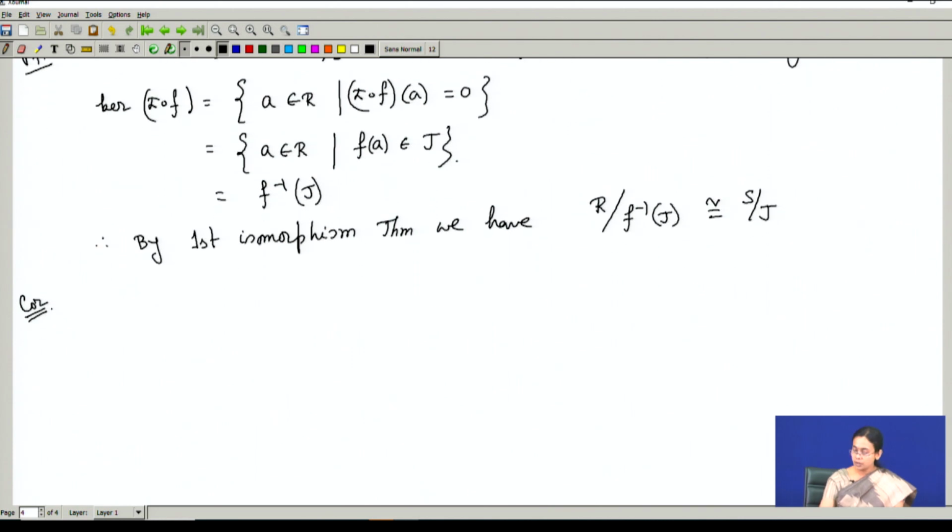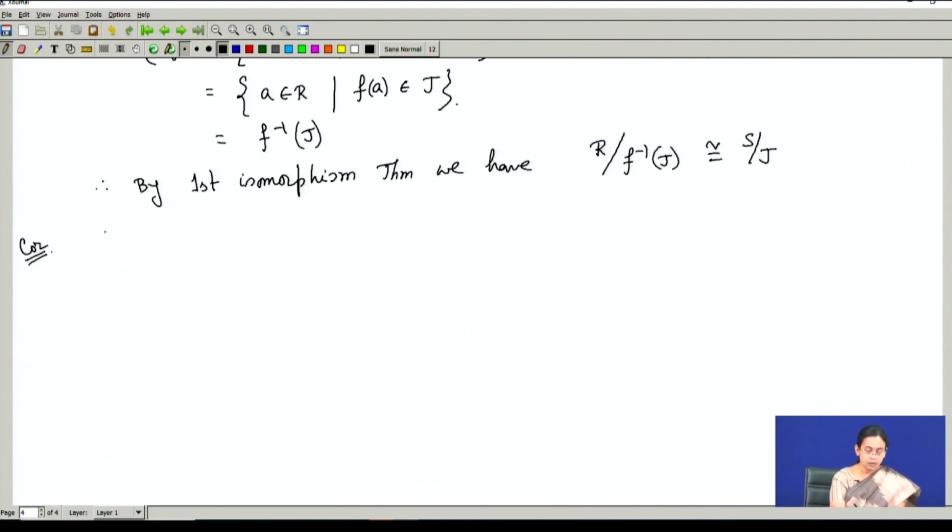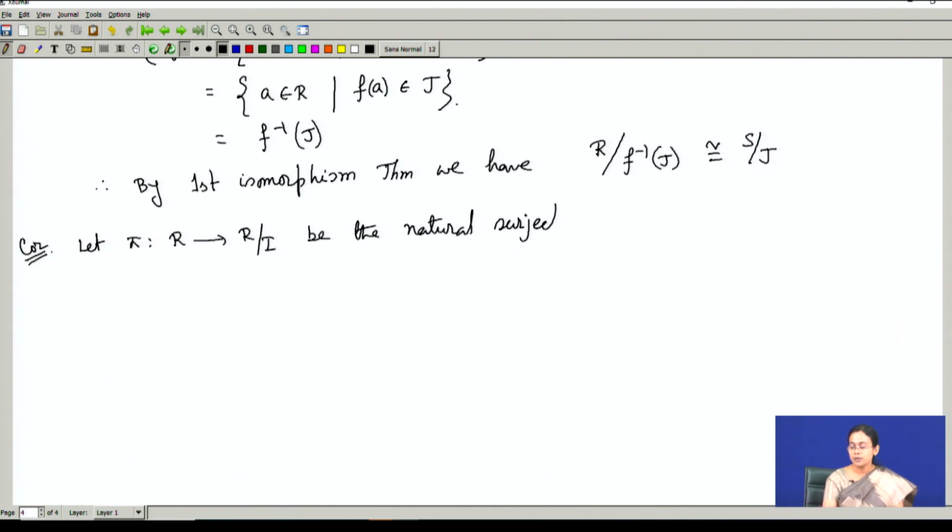As a quick corollary to this theorem, we can observe the following. So, let us see. Let pi be the natural surjective ring homomorphism from R to R quotient I. So, what is this ring homomorphism? Pi of any element A, I am sending it to the corresponding left coset.